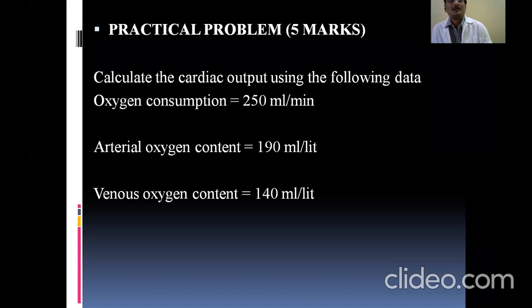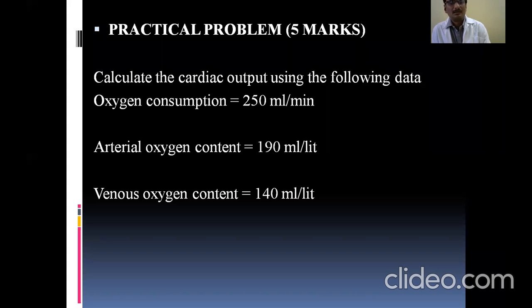And for arterial blood oxygen, we can take a blood sample from any superficial artery, and with blood gas analyzers, we can calculate the oxygen content of arterial blood. For the mixed venous blood oxygen, we can take blood from the right atrium or from the pulmonary artery.